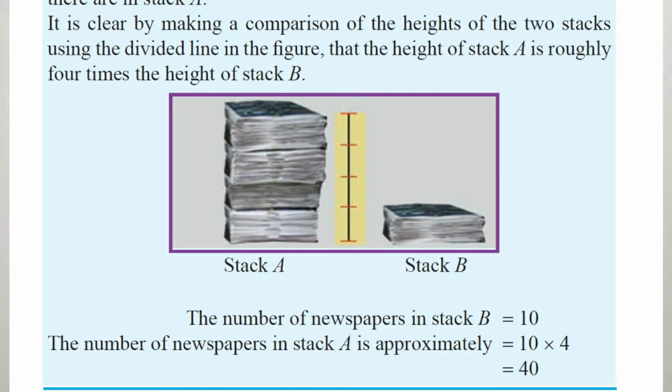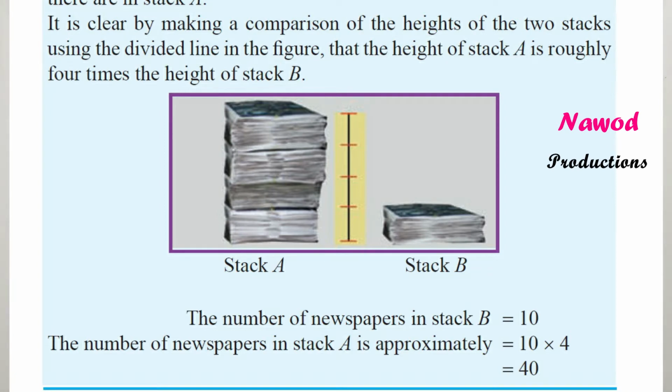One part has 10 newspapers. It has to be multiplied by 4 because there are 4 equal parts. 10 into 4, 40. We can obtain the answer.